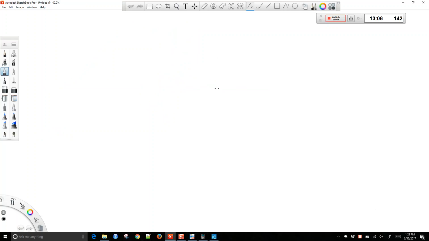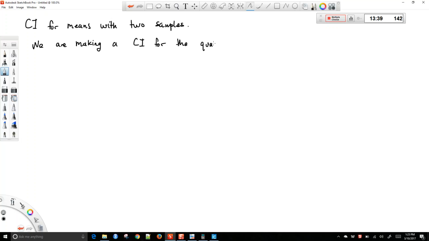So we have a couple other inference methods to deal with for means. We've got confidence intervals for means with 2 samples. In this case, we are making a confidence interval for the quantity mu1 minus mu2.